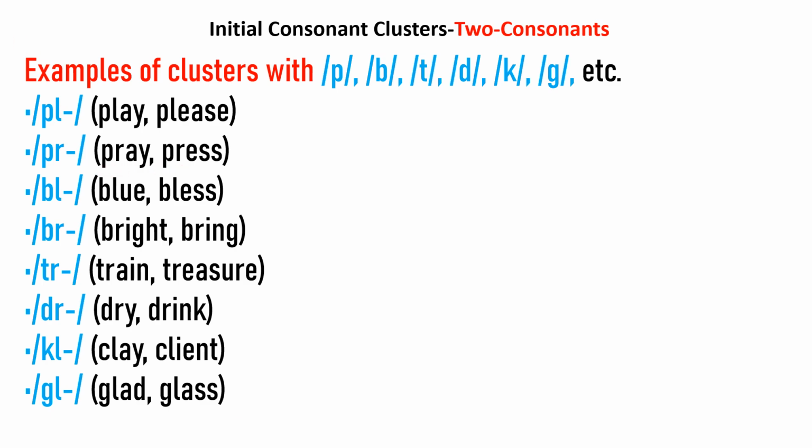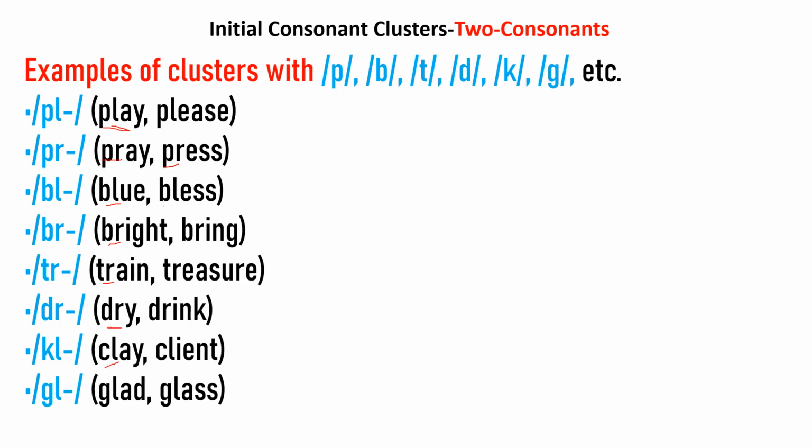Okay, here the cluster is this one, and pray, press. These are all initial consonant clusters with two consonants. Blue. Okay, then bright, train, dry, initial. So they occur in the beginning.